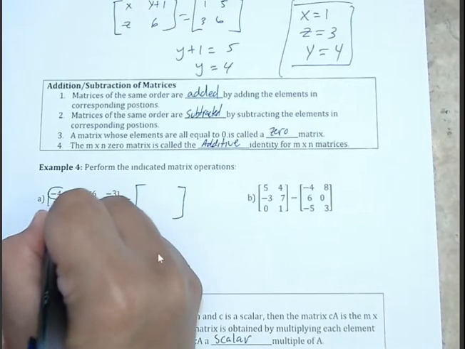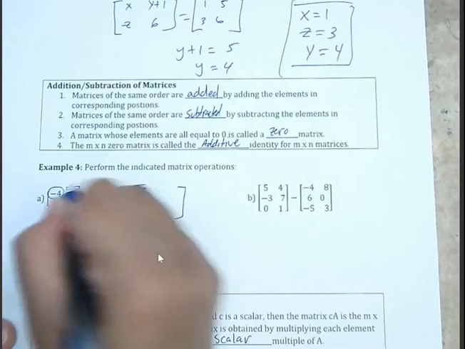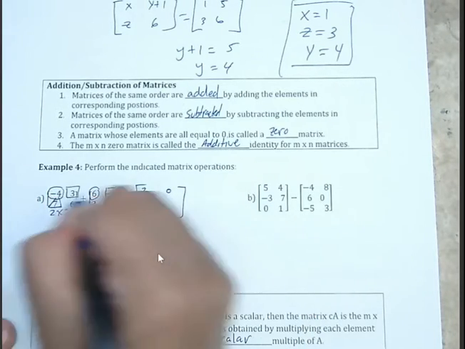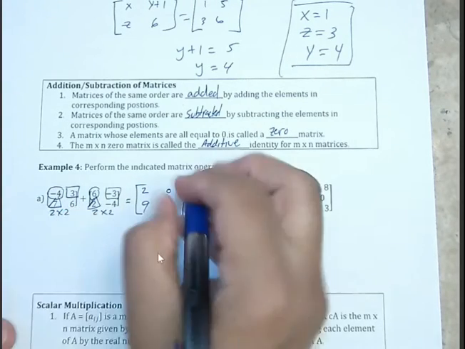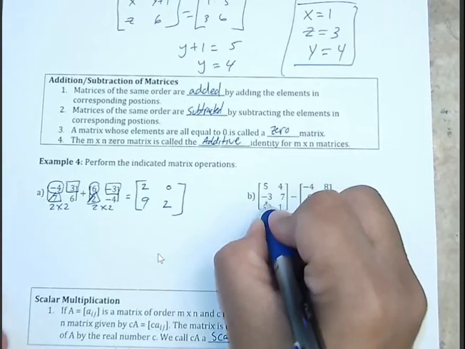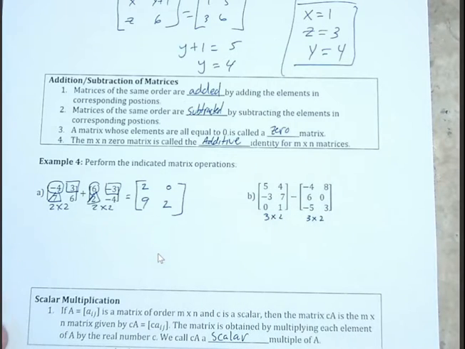So I'm going to add -4 plus 6 is a 2. A 3 plus a -3 is 0. A 7 plus a 2 is 9. And 6 plus -4 is 2. And then here we have a 3 by 2 and a 3 by 2. So that's the same.